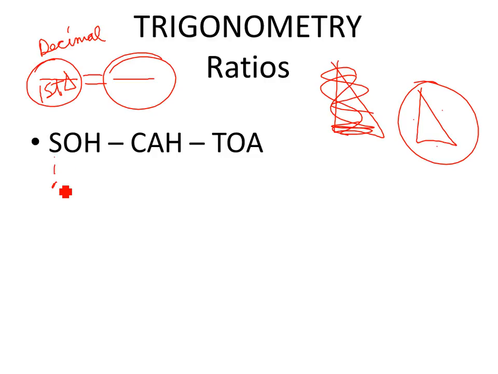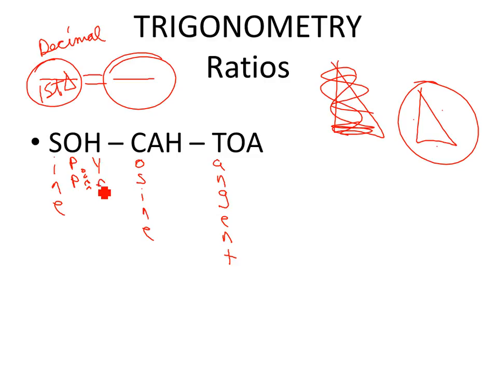S stands for sine, C stands for cosine, T stands for tangent. I'm going to write these real short this time. This is the sine. What's the O stand for? Opposite leg. I'll just put opposite, over the hypotenuse.